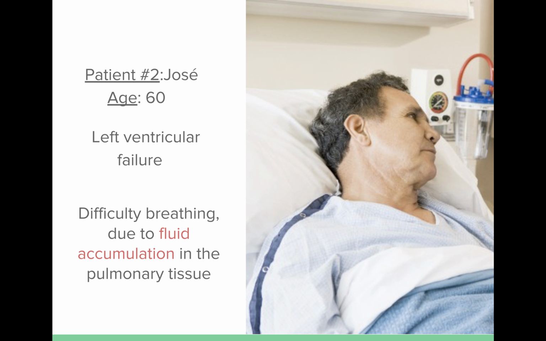And the nurses and the doctors discovered that he had fluid buildup in the pulmonary tissue. And so if we look at the left ventricle and think about where it pumps blood to and where it gets blood from, that's actually going to be our key to understand why his lungs are swelling up with fluid.